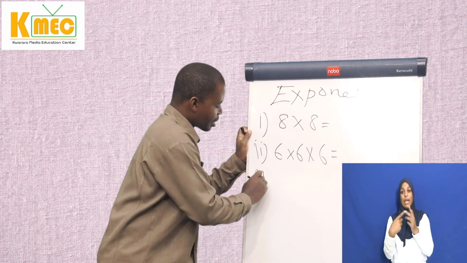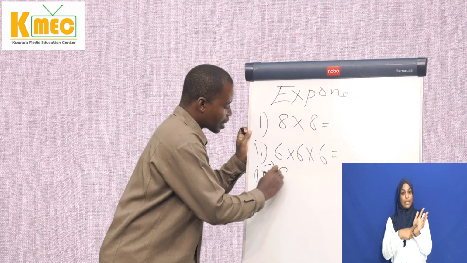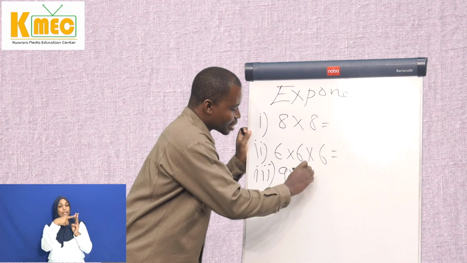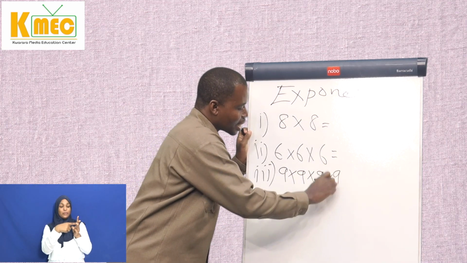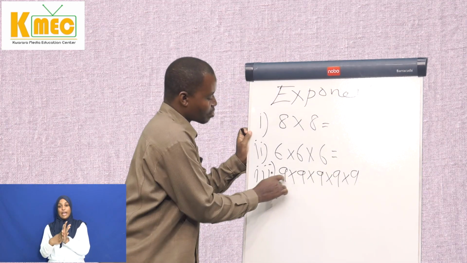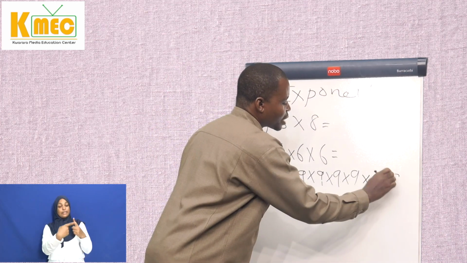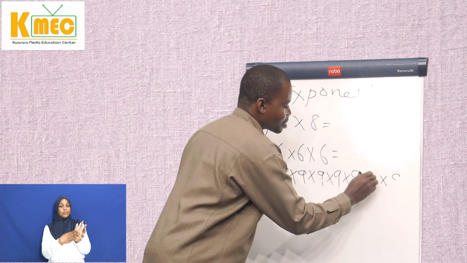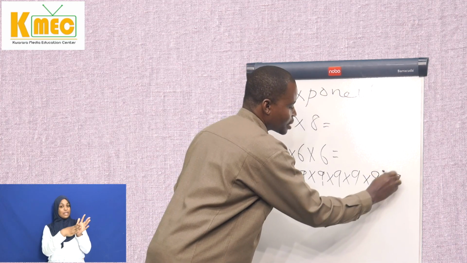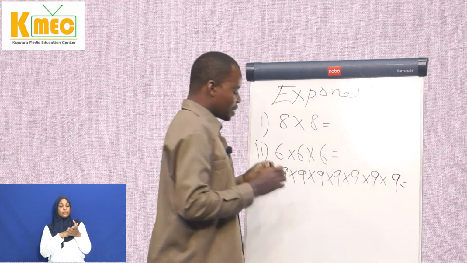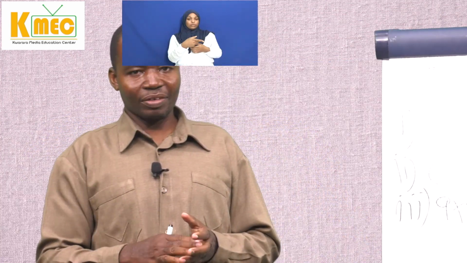And our third example is 9 times 9 times 9 times 9 times 9, and here times 9 and times 9. How many times does each number multiply by itself?